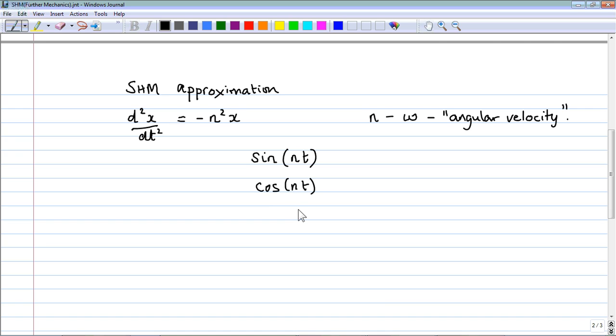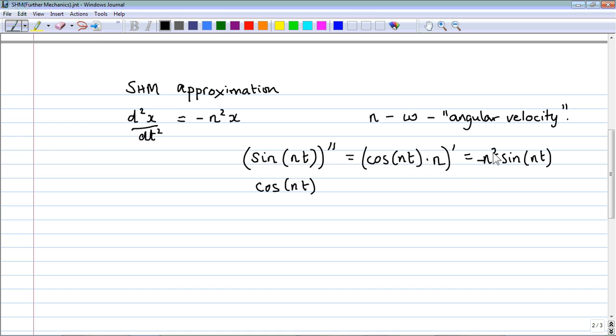So what do I mean? I mean that if you look at these two functions, they have a very special property. If you take sine nt and differentiate it with respect to time once, you get cosine nt times n, according to the chain rule. If you then differentiate again, you get another factor of n, so n squared, and you get sine nt, but also a minus sign.